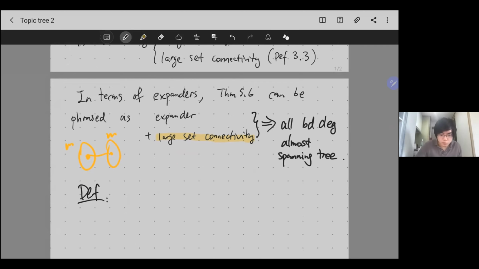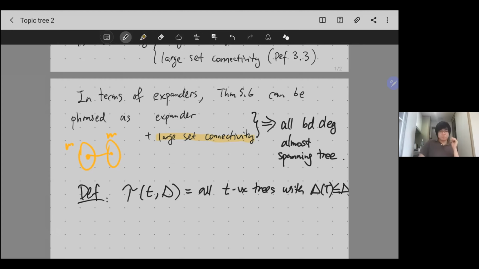So it's convenient to define, for integers t and delta, this to be all t-vertex trees with max degree at most delta. Okay, bounded degree t-vertex trees.